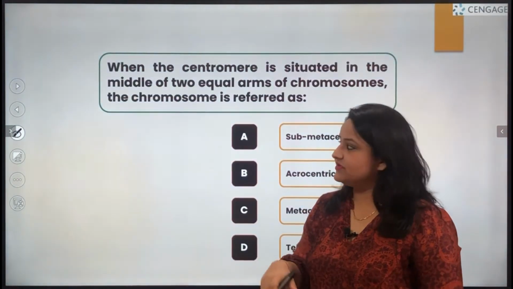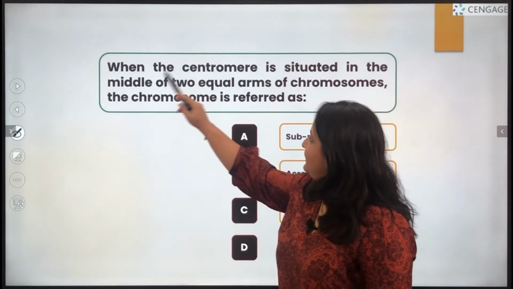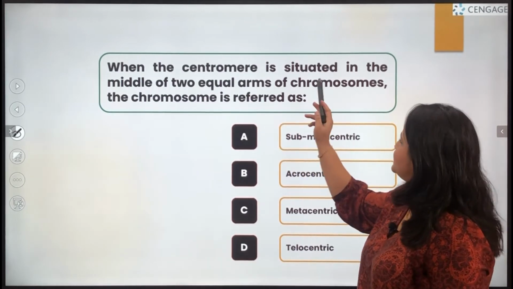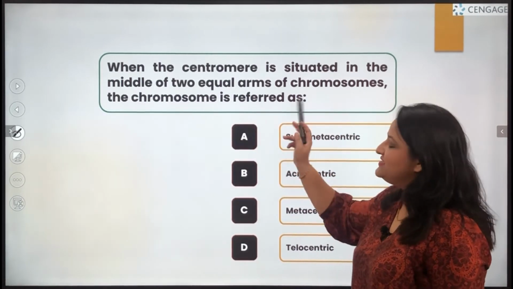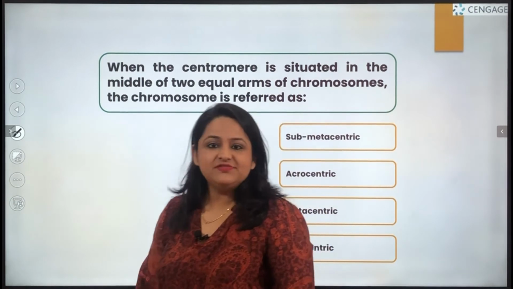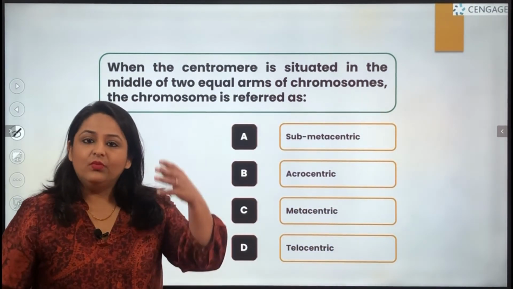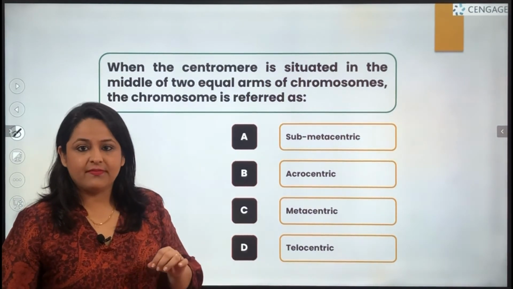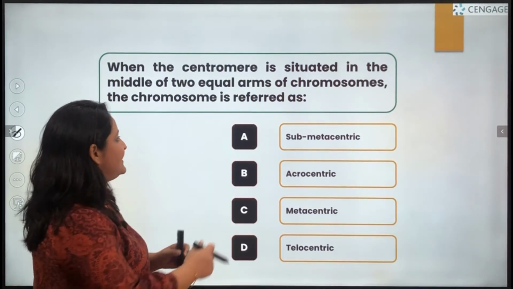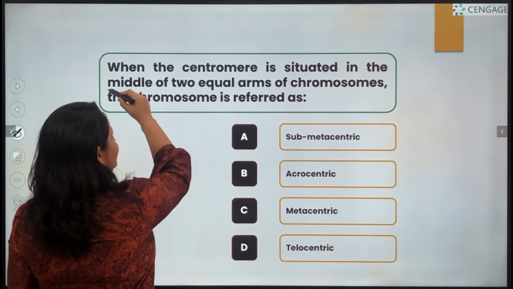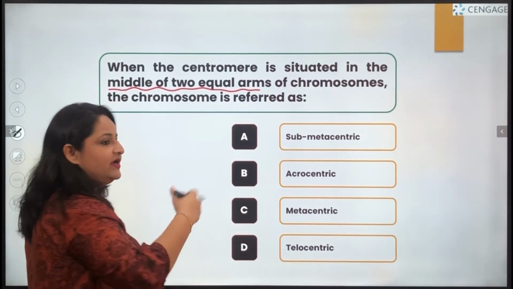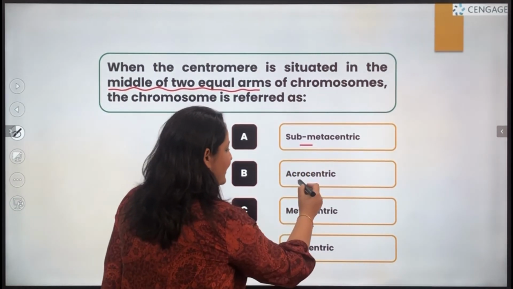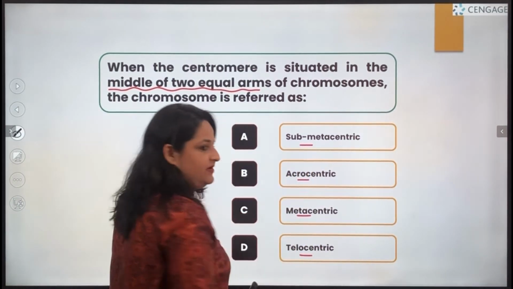Now the next question. It says that when the centromere is situated in the middle of the two equal arms of chromosomes, the chromosome is referred to as. In this particular case, they are asking the various types of chromosomes depending upon the centromere position. The options are submetacentric, acrocentric, metacentric or telocentric.